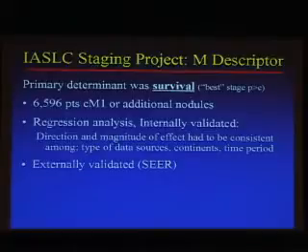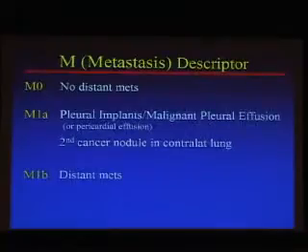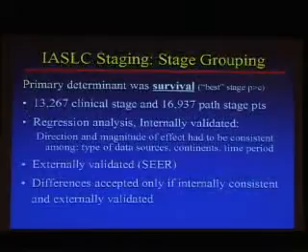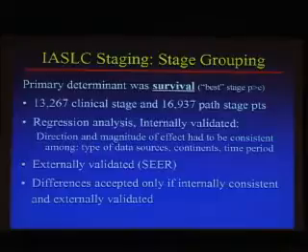And then they went through the M descriptor and did the same thing, regression analysis, internal and external validation, and came up with a new classification, which wasn't just M0 or M1, but divided M1 into an M1A and an M1B. And they went through the same thing with stage grouping.